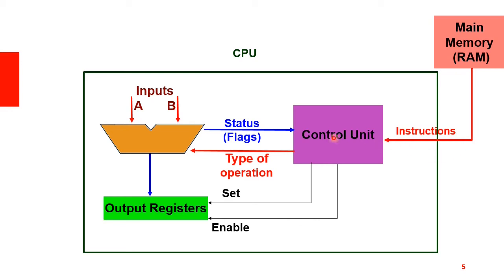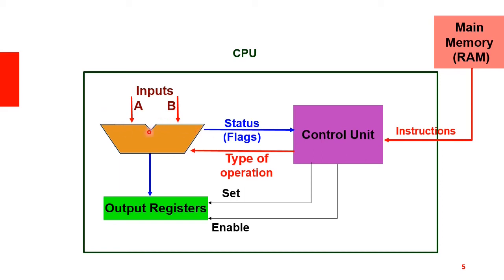There are a few things you can see here. You have two inputs. If you remember the previous slide, these inputs could be coming from these output registers, or from the main memory, or from the IO bus. So there are different ways this data is coming in.